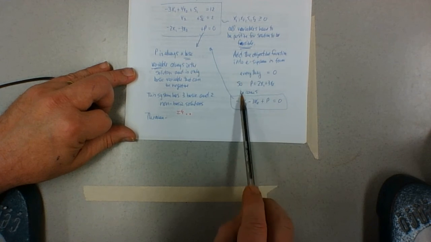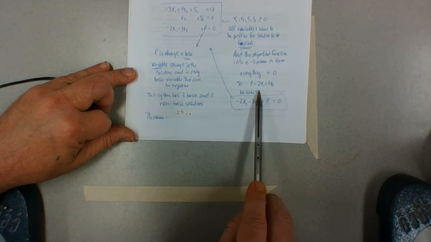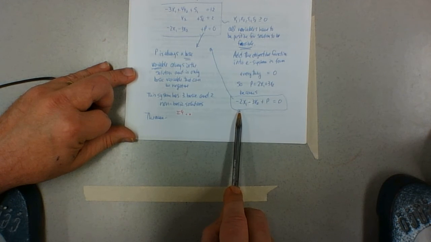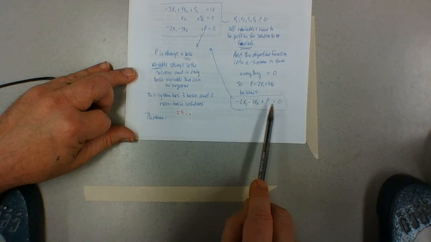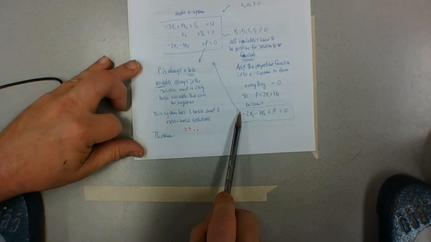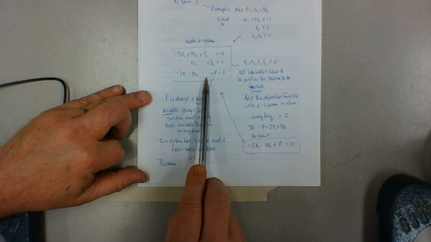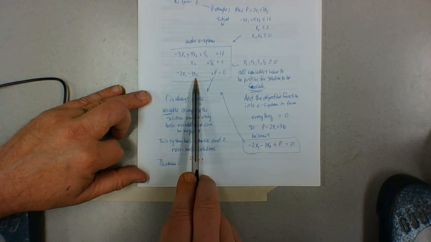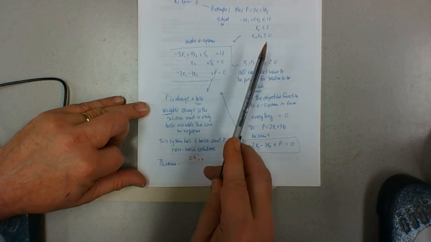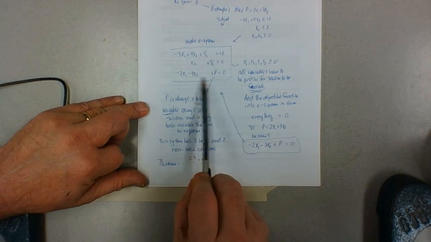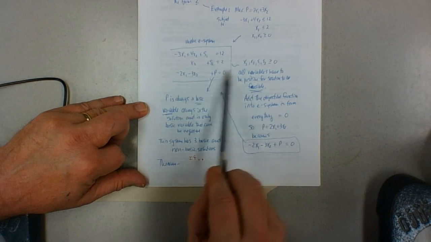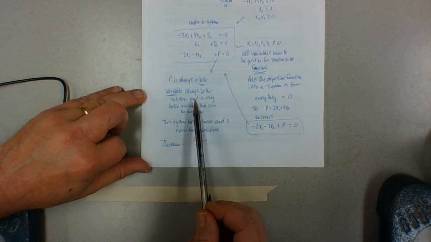So the way I rewrite my objective function is negative 2x1 minus 3x2 plus p is equal to 0. And then I put it in with the other 2 constraint equations, and I make it the third constraint. Since I had 2 constraints, the third one becomes the objective function. If you had 3 constraints, the fourth constraint would become your objective function.